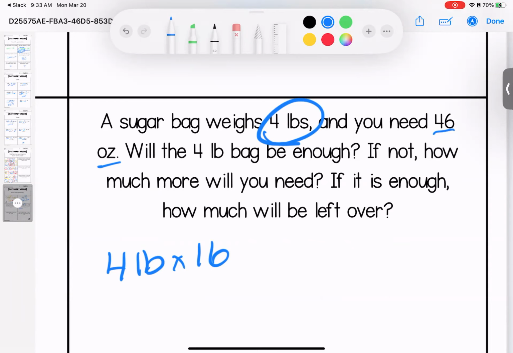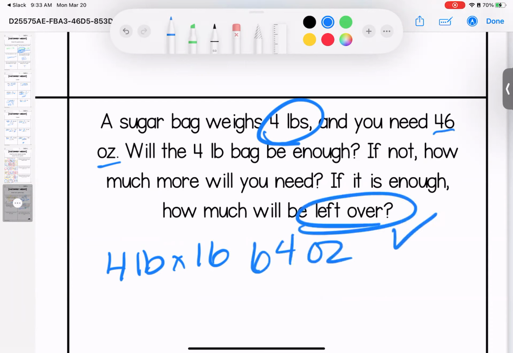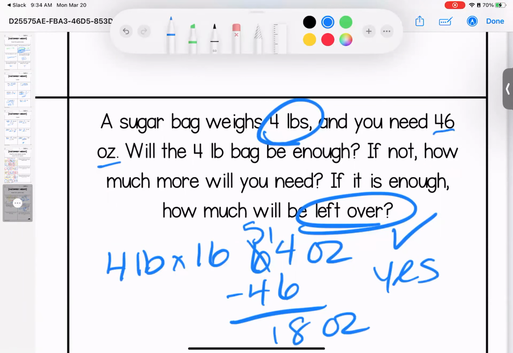When I do that, 4 times 16 gives me 64 ounces. So will I have enough? Yes, absolutely. What's left over? I'm going to subtract what I need, and I need to make sure that I borrow. And I'm going to be left over with 18. So is there enough? Yes. And 18 ounces is my leftovers.